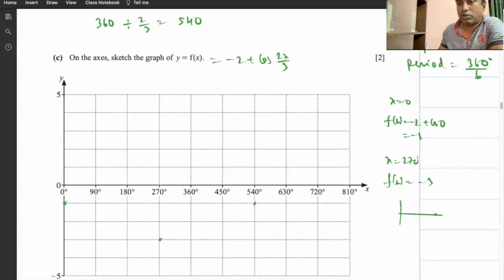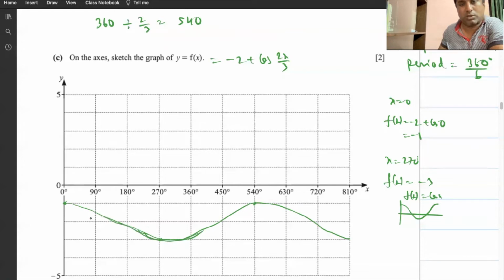When you are solving a cos graph, it behaves like the normal cos graph, y equals cos x. Now it will be in this way. If it can go more, the turning point will be this one.